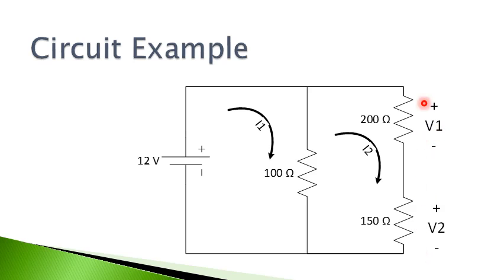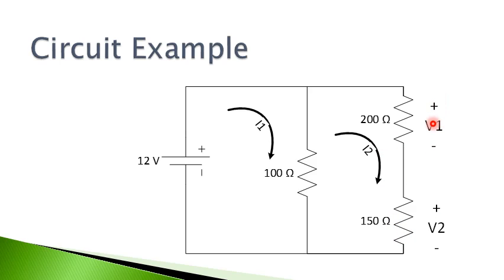So we can add these two together, and therefore we would see that 12 volts is equal to V1 plus V2. Likewise, we can add these two resistors together because we're really interested in I2, and I2 flows through both of those resistors. And there's no other path besides going through both these resistors, so the current must flow equally through both of these resistors.